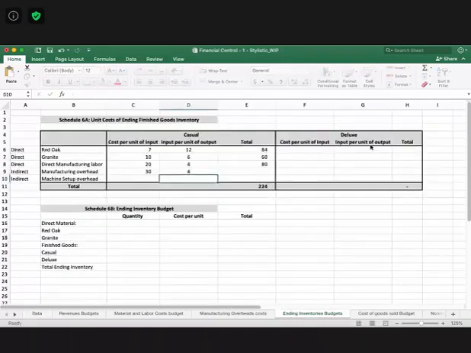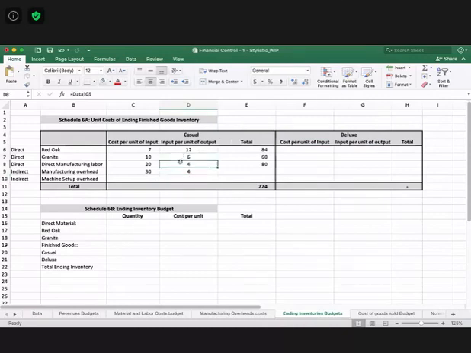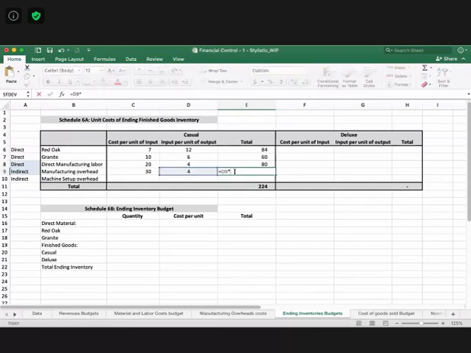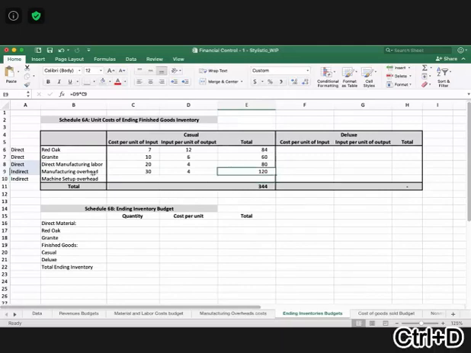Sometimes students have a problem understanding why we take the 4 here and the 4 here. Well, we are not talking about the same cost, right? Here, the $80 represents the cost of direct labor that we use for one unit of casual. Here, the 120 is the indirect manufacturing overhead for one product.